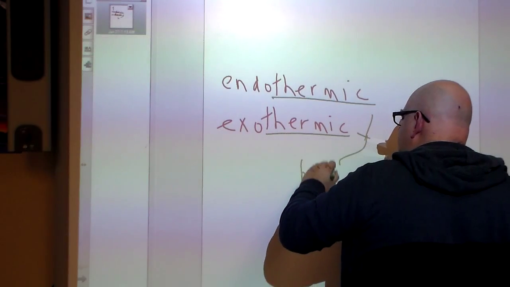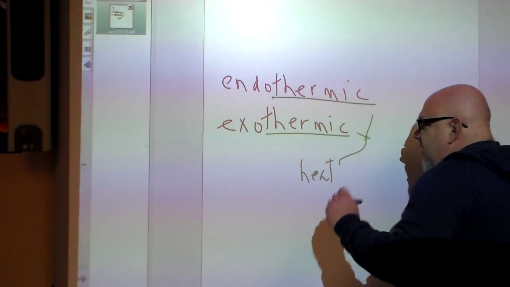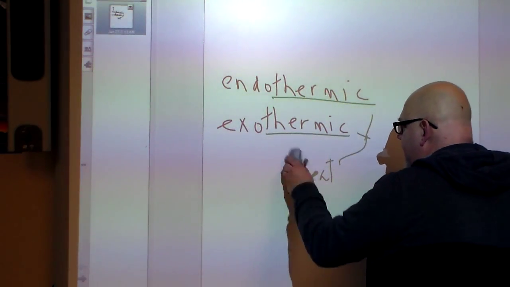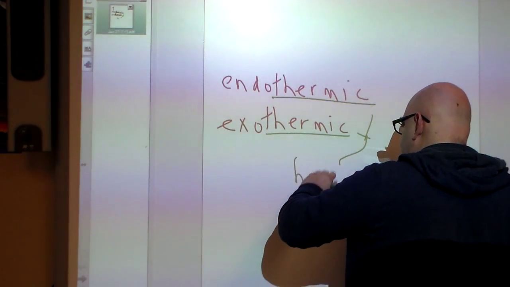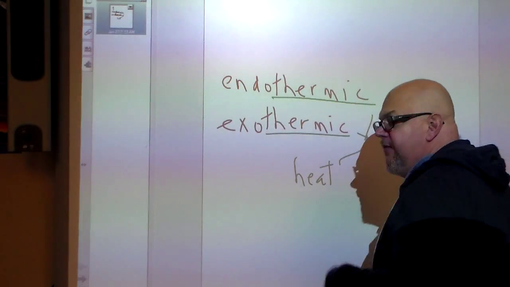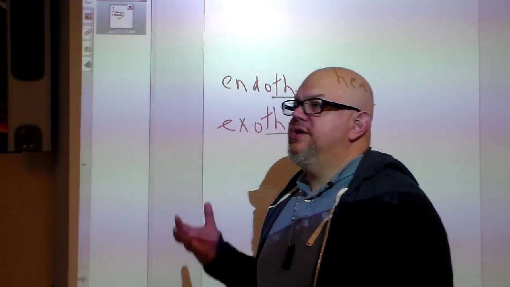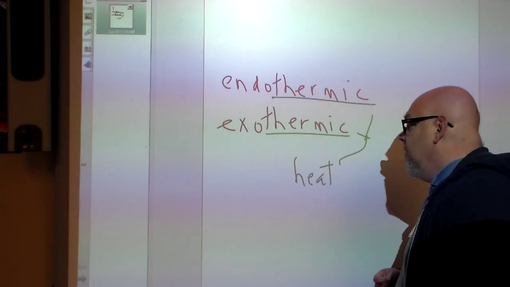So it has something to do with heat. And that's the thing. In any chemical reaction, there is going to be some kind of heat in the form of energy. Well, I should say energy in the form of heat.